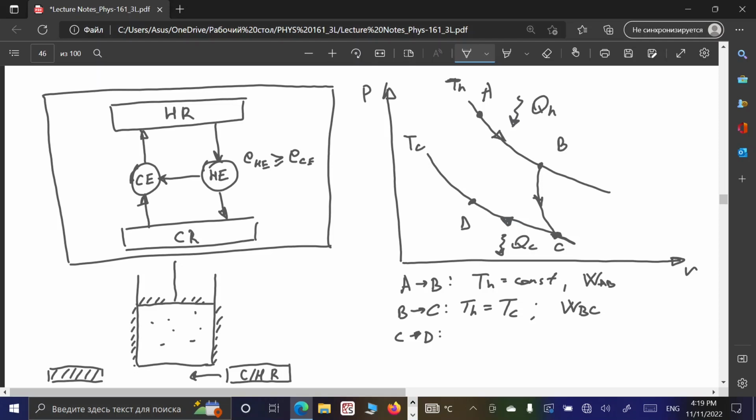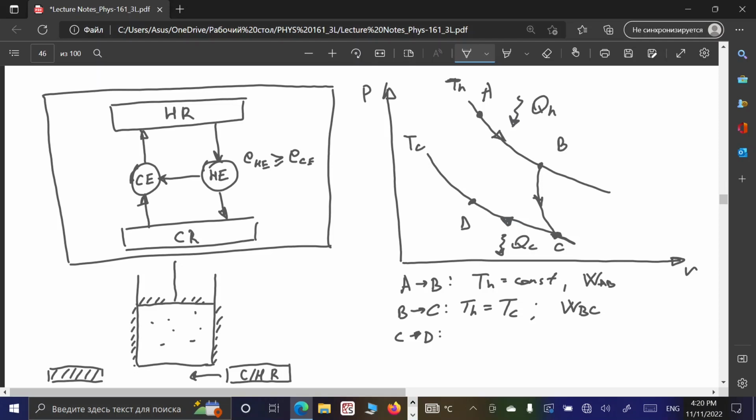We move this piston down, so it means we exert some external force which performs work on the system. Since internal energy is not changing because temperature remains constant, this work done on the system transforms into heat which is expelled to the cold reservoir.